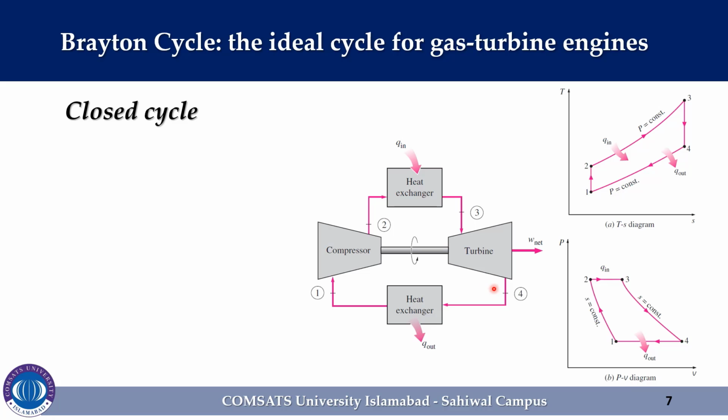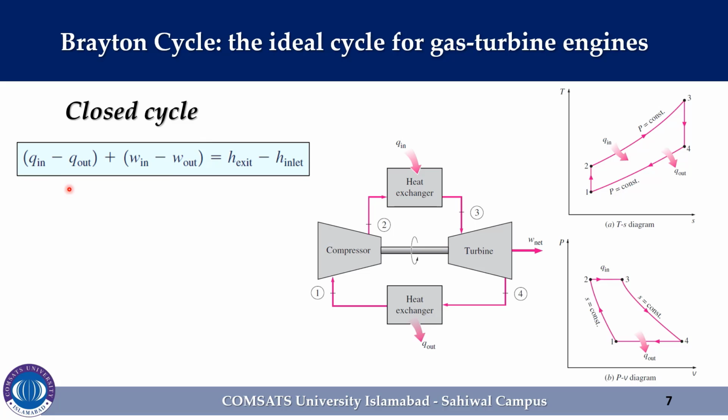When the changes in kinetic and potential energies are negligible, the energy balance for a steady flow process can be expressed on a unit mass basis as Q in minus Q out plus W in minus W out is equal to the change in enthalpy. Here Q in is the heat addition during process 2 to 3.